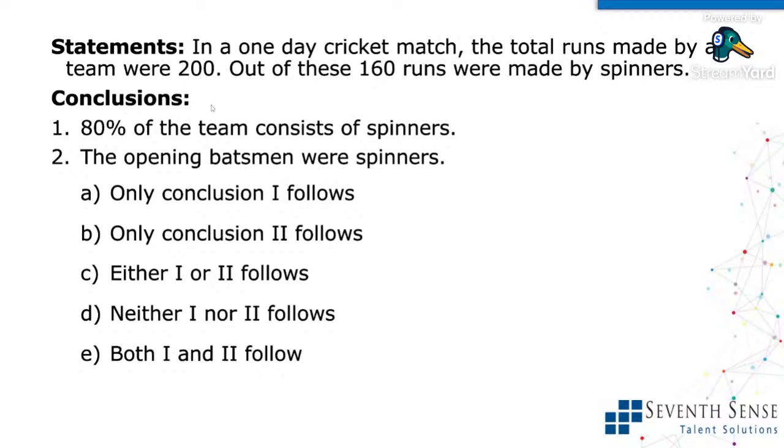Let me ask you one thing. In a one-day cricket match, the total runs made by a team were 200. Fine, 200 runs were made. How many players will play in one team? 11 people, correct? 11 people constitute a team in a cricket match. Out of these, 160 runs were made by spinners.